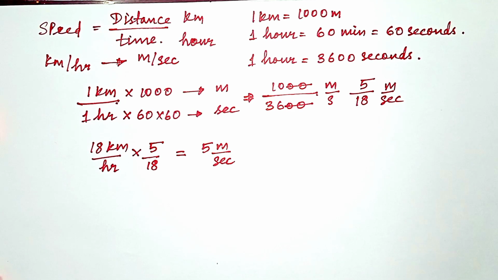Speed is equal to distance by time, and in order to get the right answer, you should always remember that units should be uniform. That is, if you're going to solve the answer using kilometers, all the units that you use in the calculation should be in kilometers.